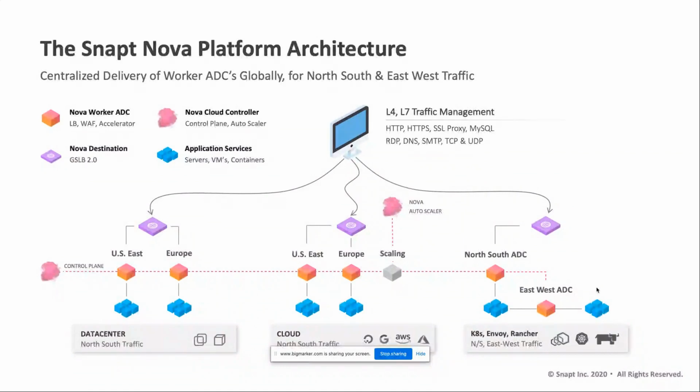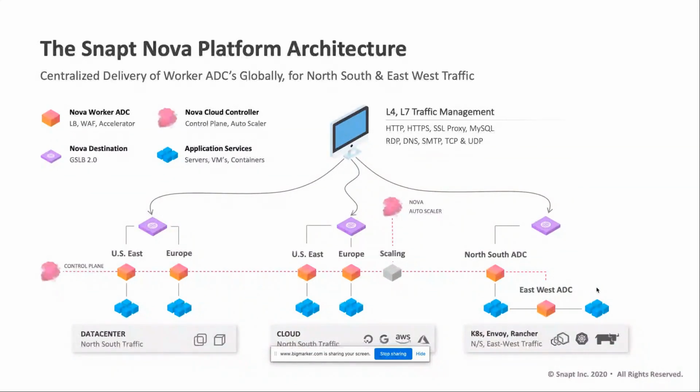Another concept that is really clear in this example is that Snapt Nova has scale on demand functionality, an autoscaler function that is able to quickly expand and deploy additional ADCs as utilization becomes high.